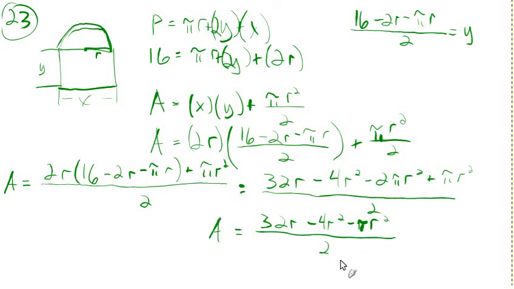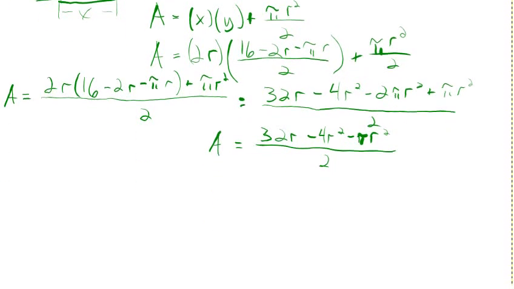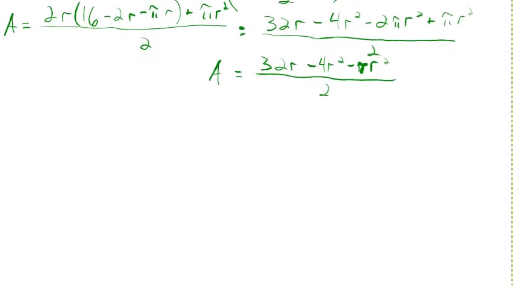What we remember about optimization problems is that our choice of r is going to change the value of the area, and wherever the area levels out, where it peaks out, is going to be the optimal choice of r. Wherever that maximum is, that's going to be the optimal choice of r.